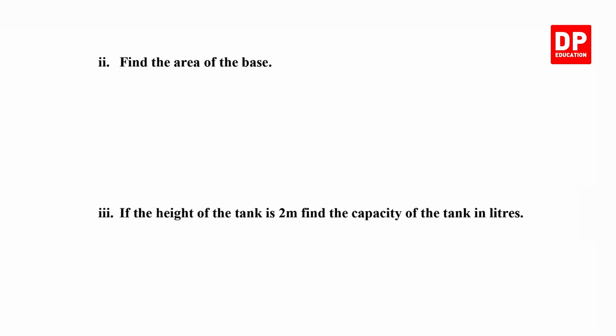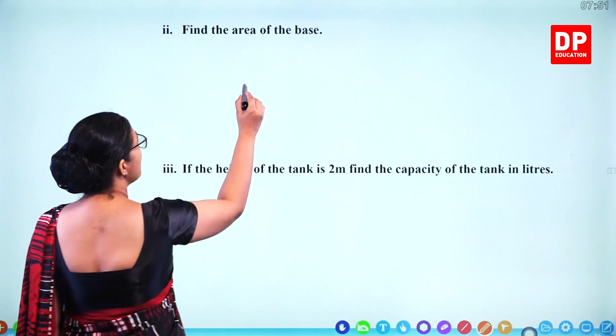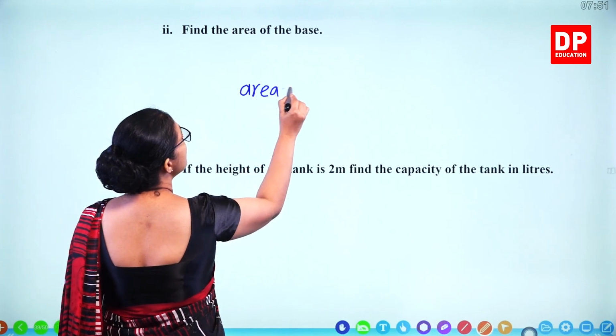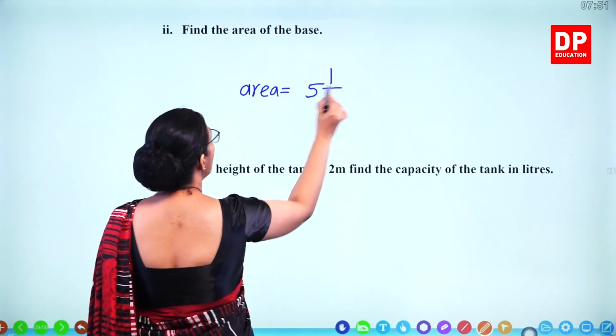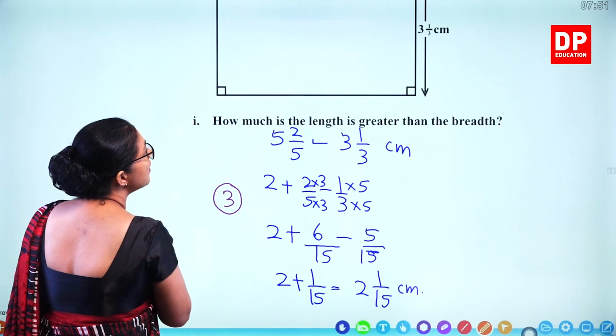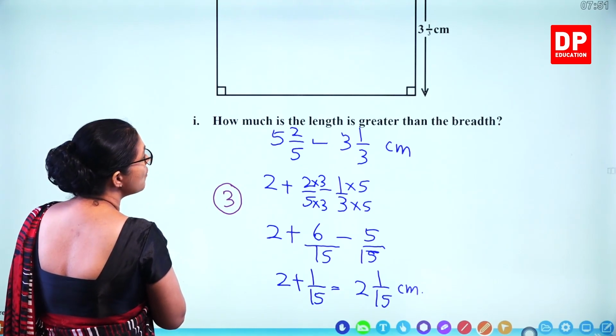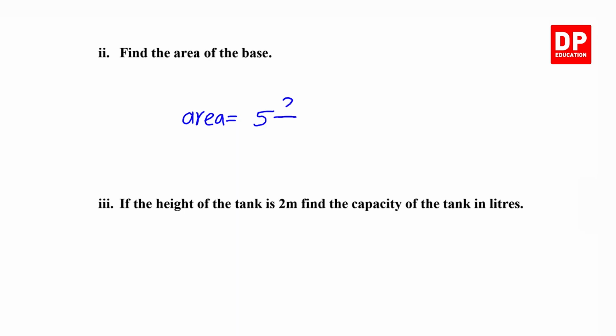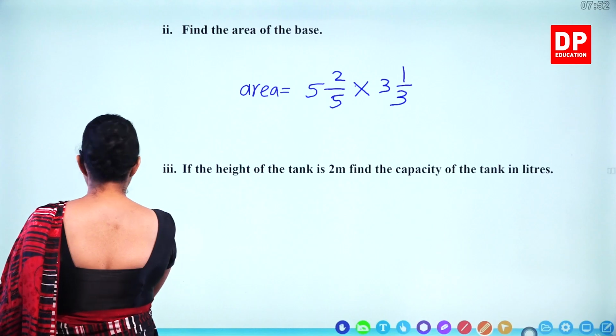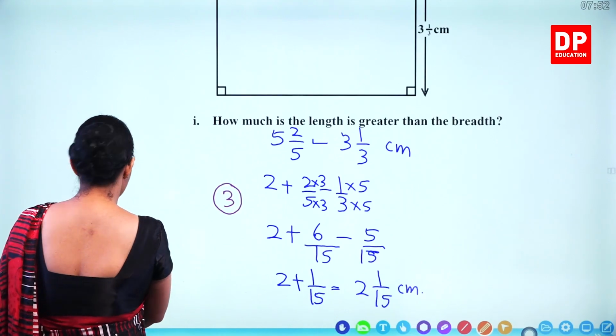Find the area of the base. So area becomes length into breadth. Length is 5 and 2/5 multiplied by 3 and 1/3. Is that correct? 3 and 1/3. Yes.